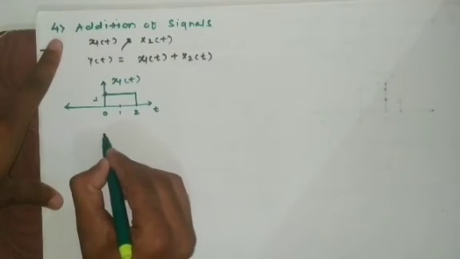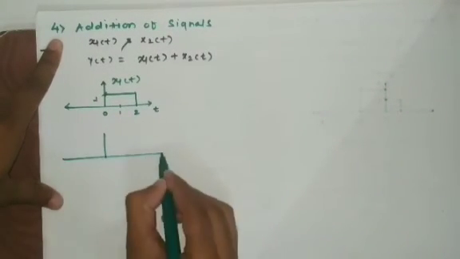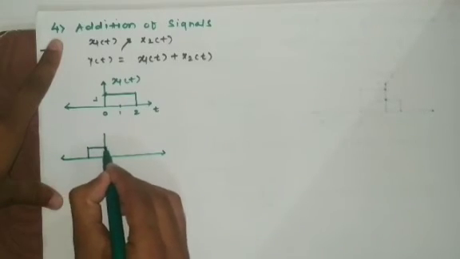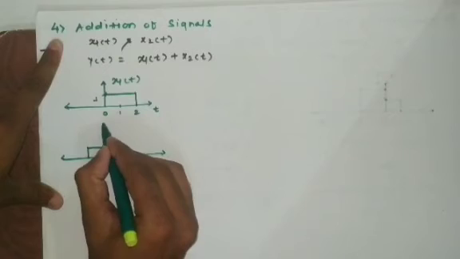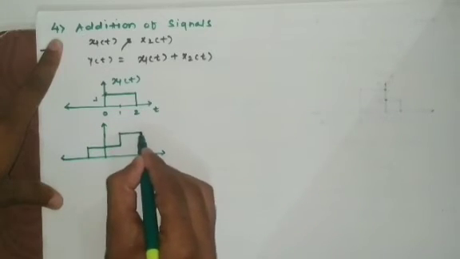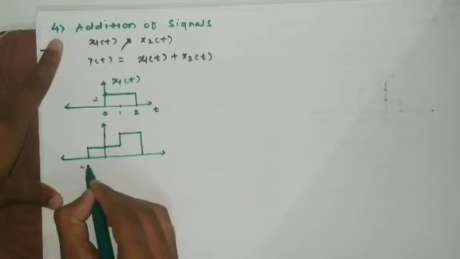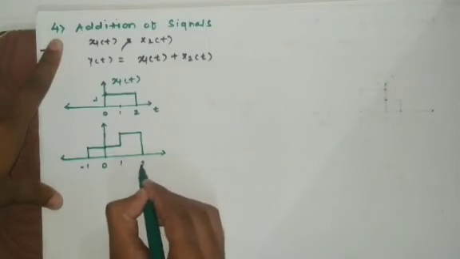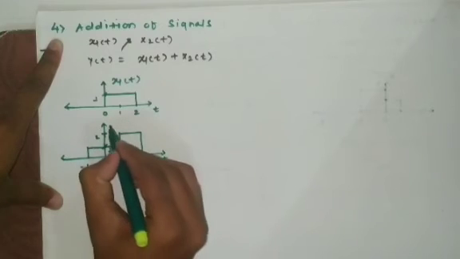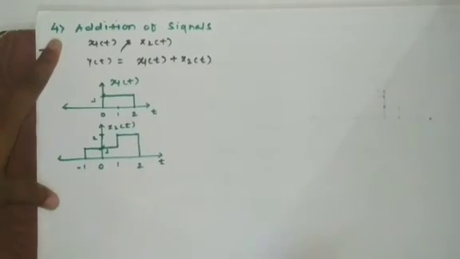Similarly, I am considering the second input signal, which is given like this: minus 1 to 0, 0 to 1, 1 to 2. This amplitude is 1, this is 2, and this is our second input signal x2.